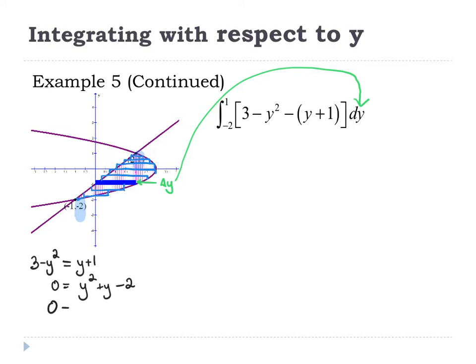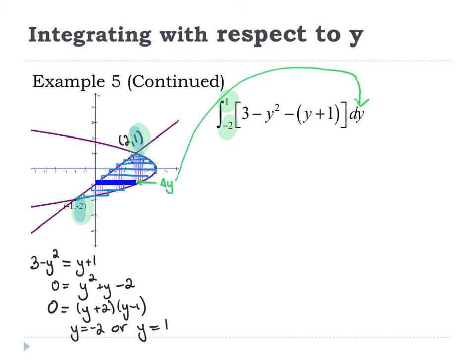I go ahead and factor that, and it should be (y plus 2)(y subtract 1). So I get y equals -2 or y equals 1. This ordered pair got kind of covered up here, but we're looking not at the x coordinates, we're looking at the y coordinates. So that's why my bounds of integration are based off of the y values there.